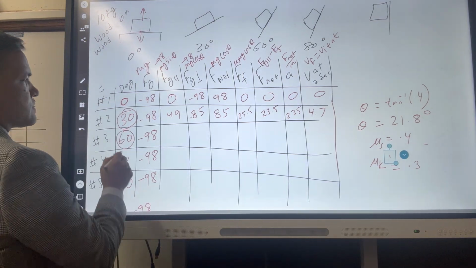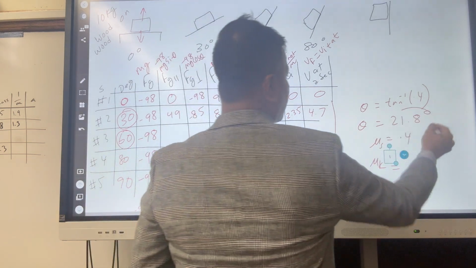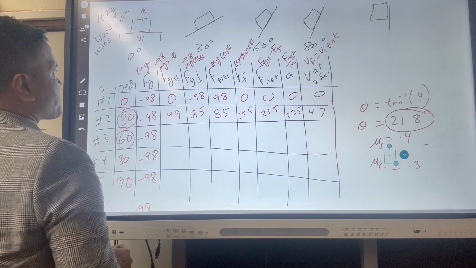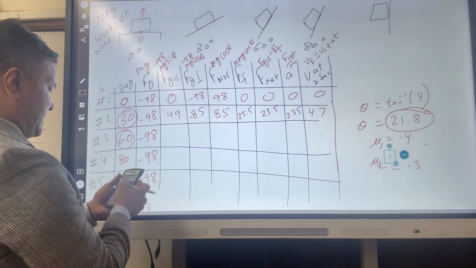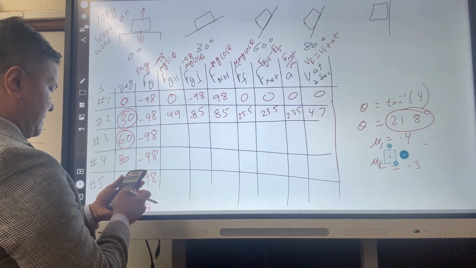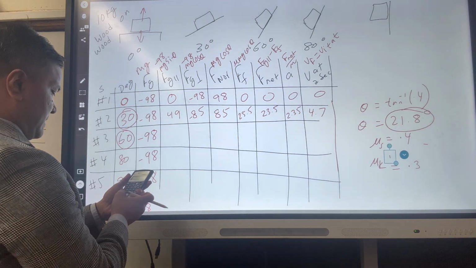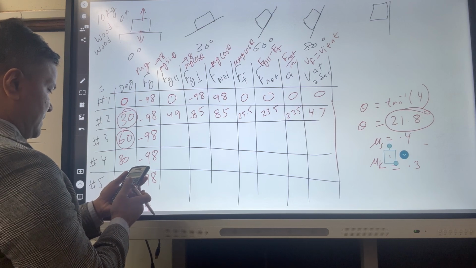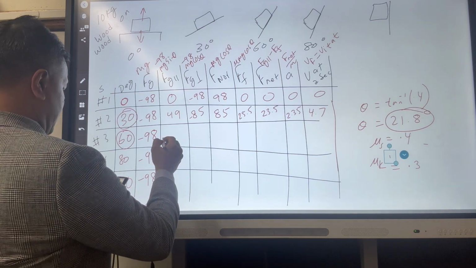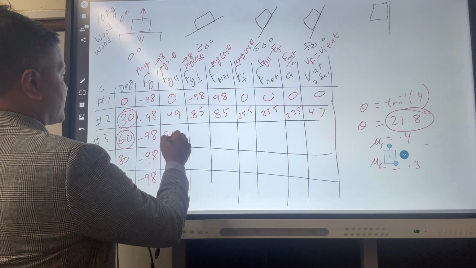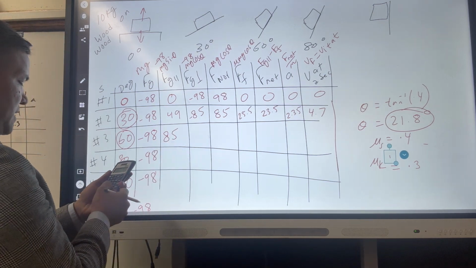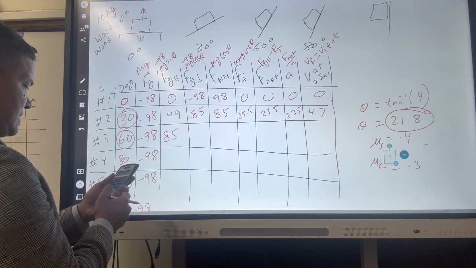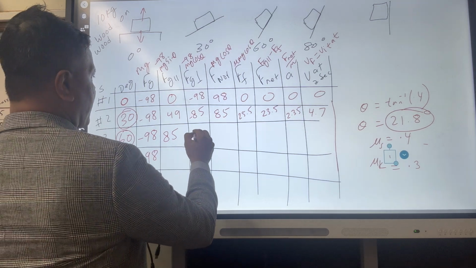This one is 60 degrees. 60 degree is bigger than 21.8 degree. Yes. So you have to use mu k. Anyway, what is the Fg parallel? 98 sine 60, and that is 84.85. 98 cosine 60, and that is 49.